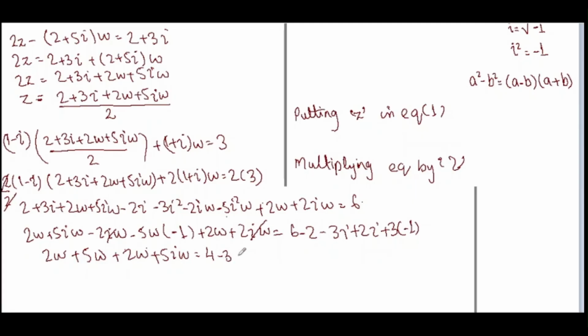Minus 3 iota plus 2 iota gives us minus iota. Now 2w plus 5w is 7w, sorry 9w, because this 2 is also here, and 9w plus 5 iota w equals 4 minus 3 is 1 minus iota.